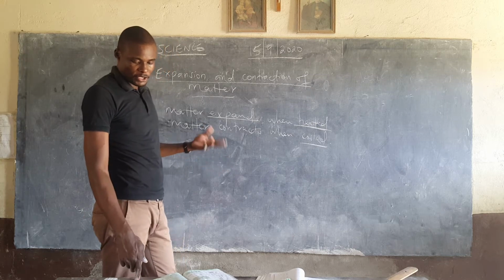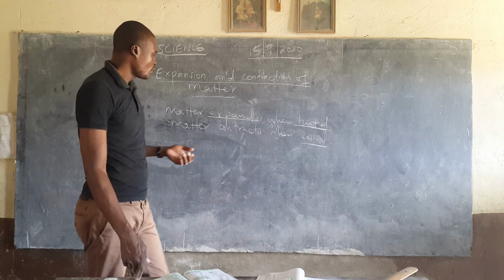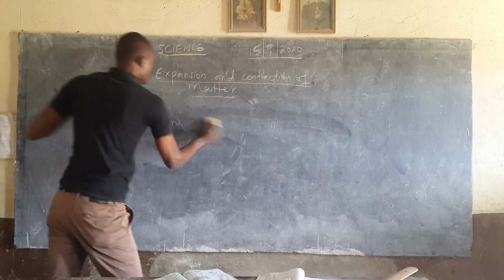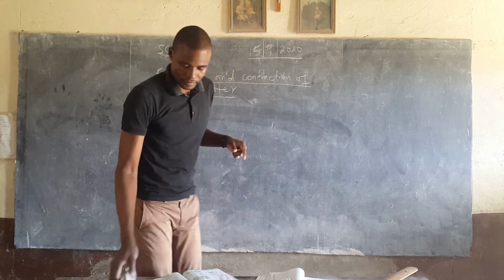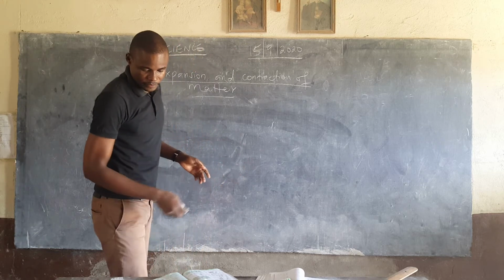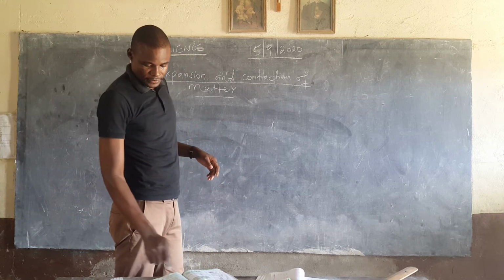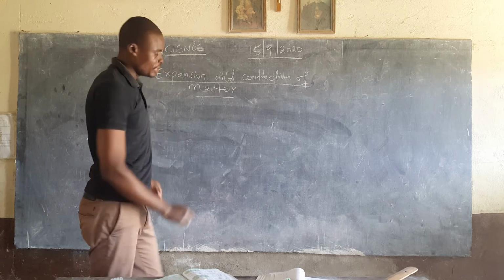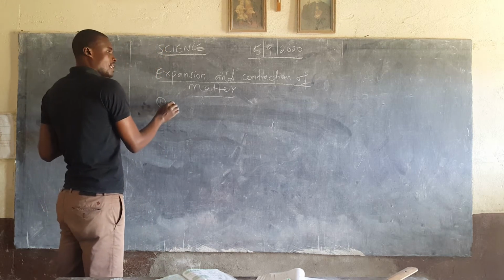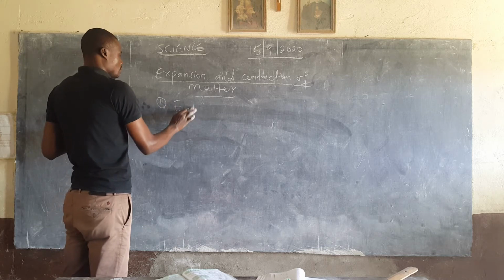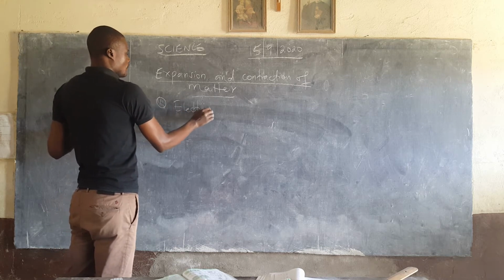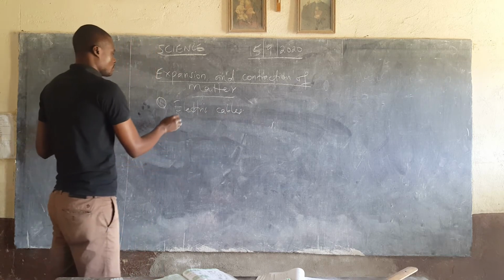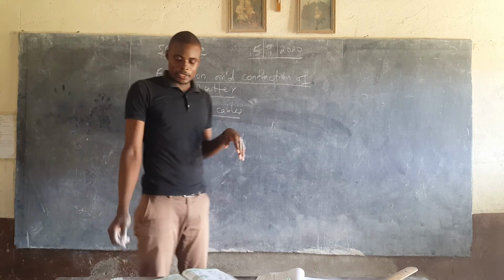So let's look at expansion and contraction on solids. Where do we experience expansion and contraction on solids? Number one, on solids, we are going to see the electric cables as our first application.